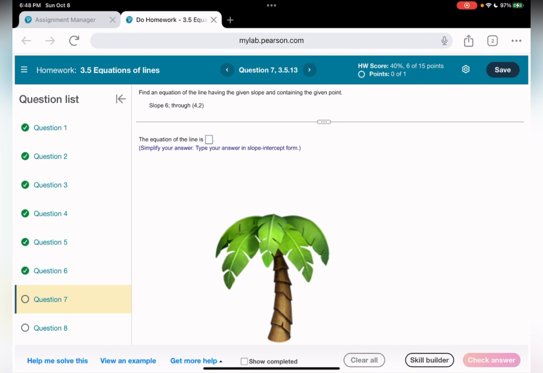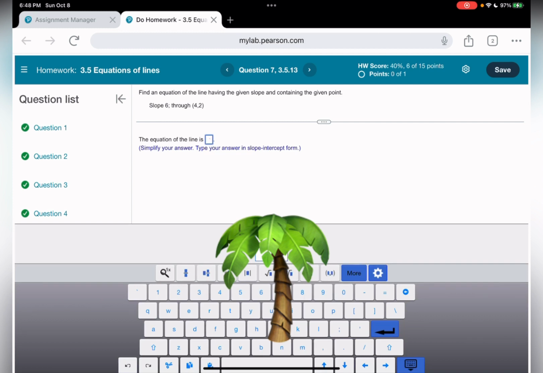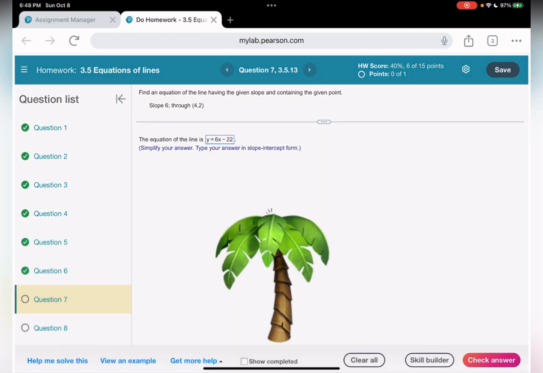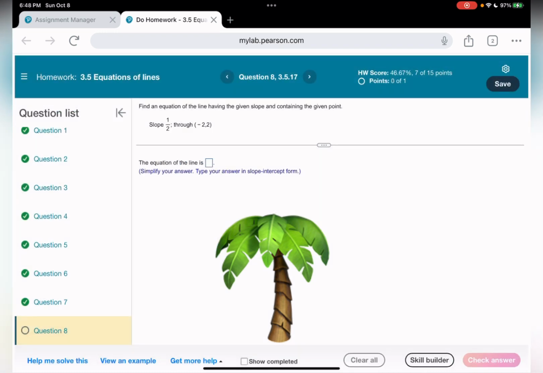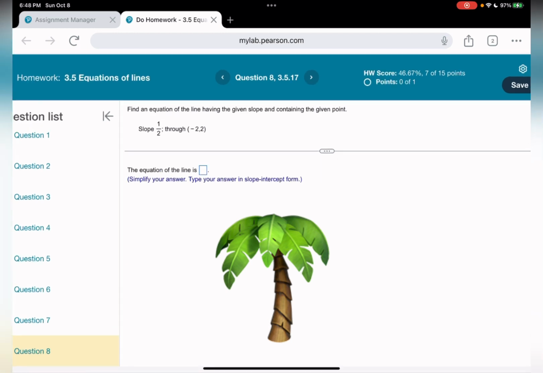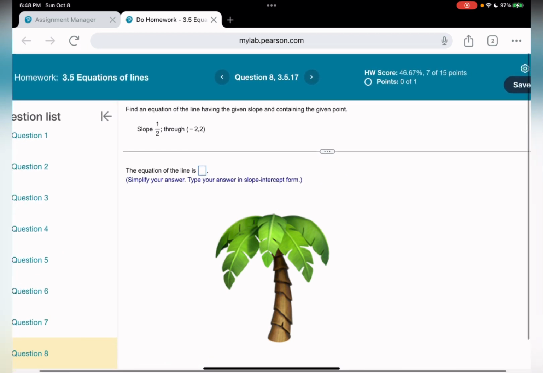Let me write down. Y is equal 6x minus 22. Well done. Question number 8.